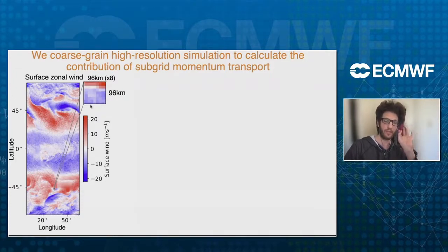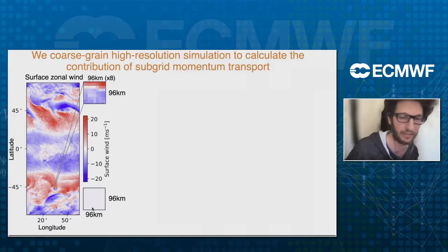I'm taking an inset, zooming into a 100 by 100 kilometer domain, which represents our climate model domain. And you can see that in this domain, we have some positive wind, some negative wind. However, if we had run a climate model at 100 kilometer resolution, we wouldn't see this kind of rich structure. We would see an average of zero wind or maybe slightly negative wind.